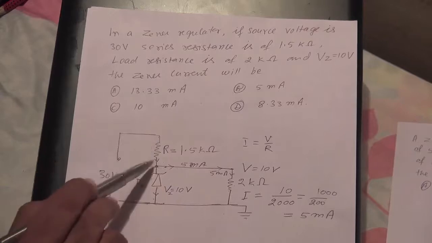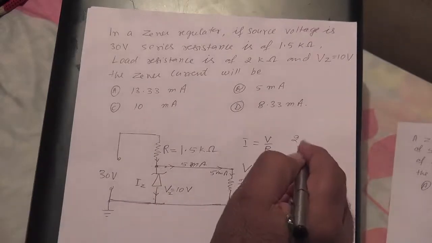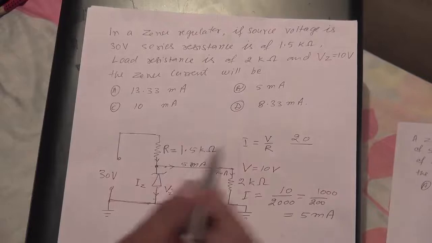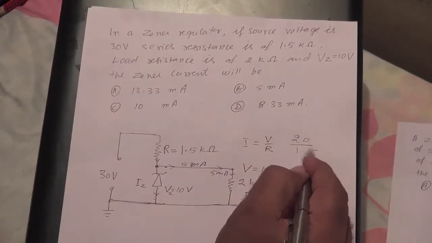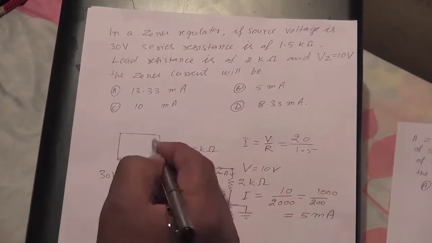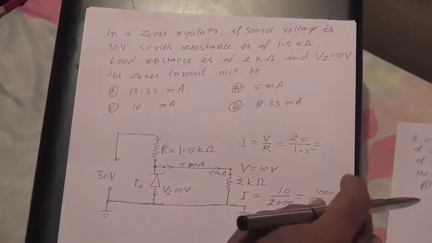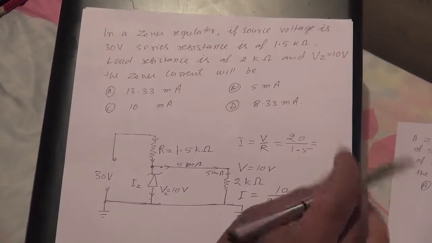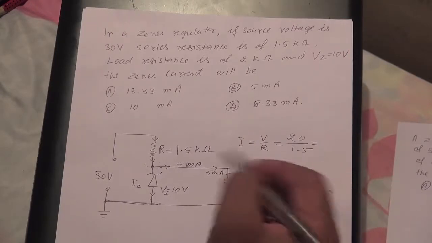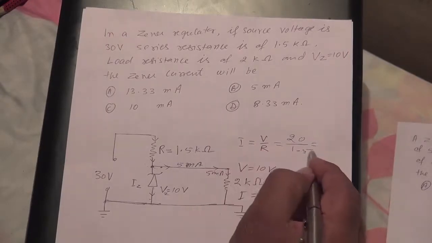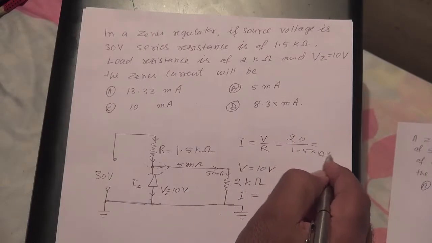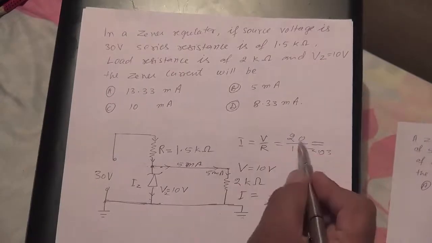Now we know this potential difference is 20. We know this resistance is 1.5 kilo. So we can find out how much is the current flowing here: 20 upon 1.5. When we say kilo, it is 10 to the power 3. And this is 20 volt.